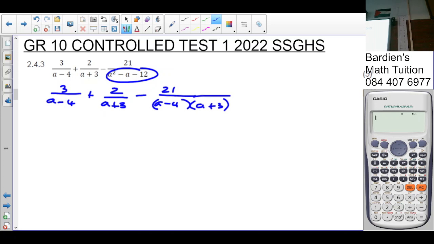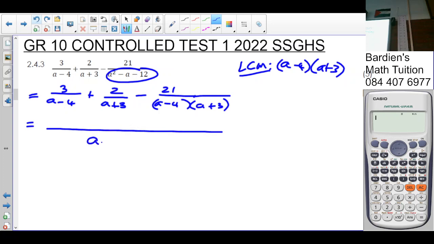So what is my LCM here? The LCM will be a minus 4 times a plus 3. As you know, the LCM is going to be a minus 4 into a plus 3.